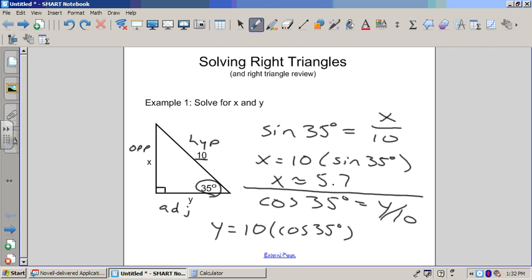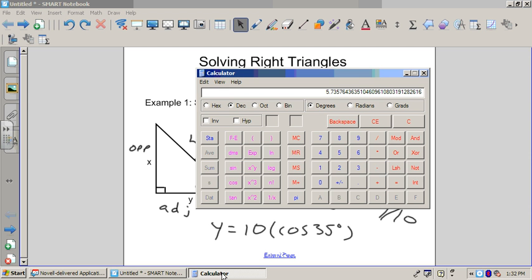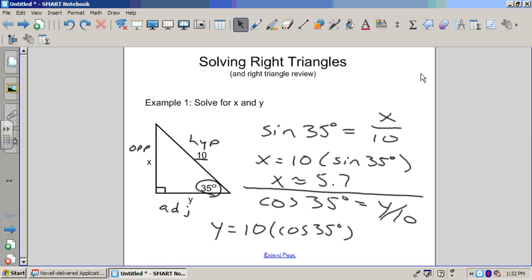Once again, I'll get out my handy-dandy calculator. 35, I'll take the cosine. I will multiply that by 10. And this time, I get approximately 8.2. So the value of y is approximately 8.2. Not too hard, was it?